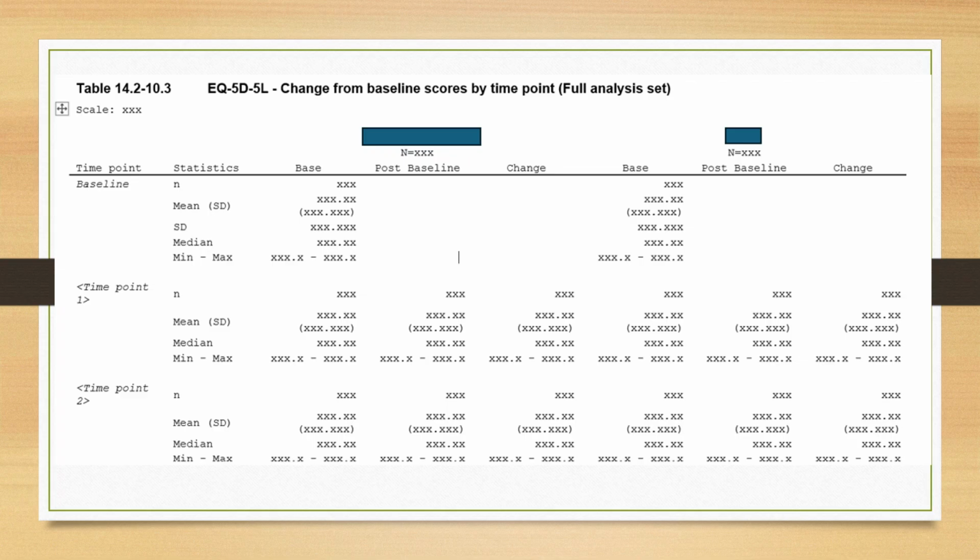We identify the baseline records by creating a variable, ABLFL, and when this variable is populated as Y, that record is considered the baseline record for that PARAM series.